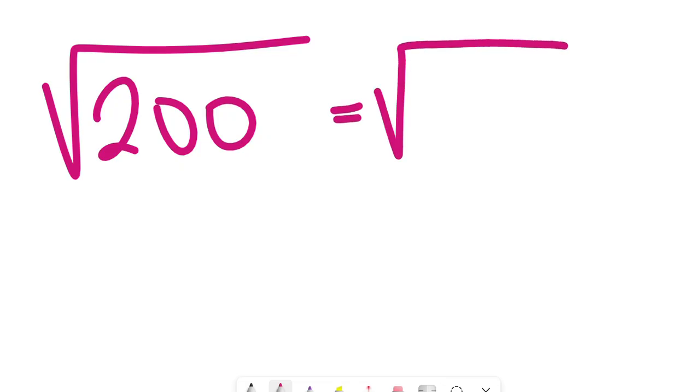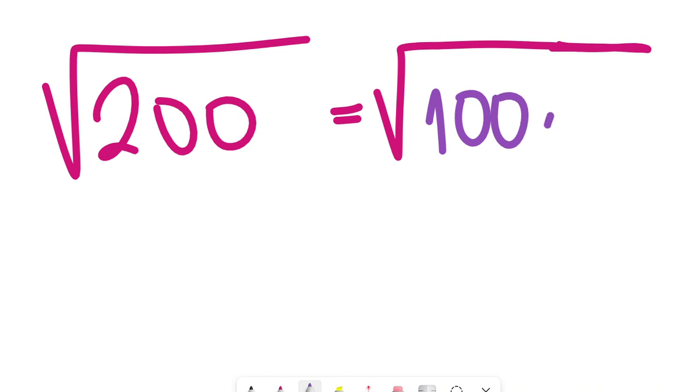Let us simplify this one. So what did we say? We ask, what are the two numbers that we multiply to get 200 so that we know the square root of one of the numbers? There are many different ways to get 200, but this time the only combination that works is 100 multiplied by 2.